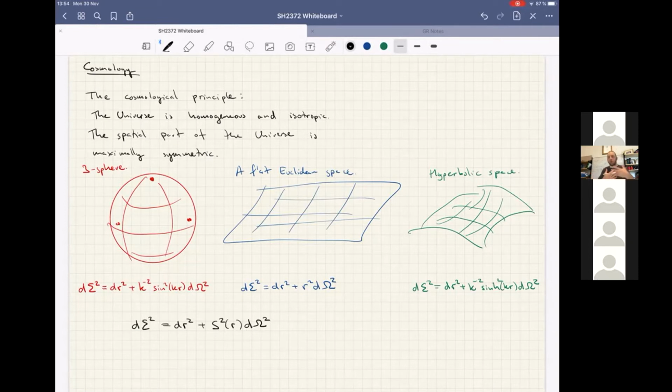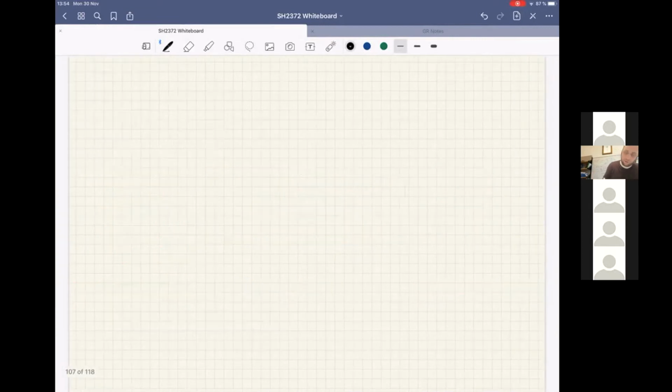However, how large our space is might depend on some time coordinate. So we're going to introduce a time coordinate t, such that our total line element, ds squared, is given by dt squared minus, because that's the temporal part, and then we want to have the spatial part.